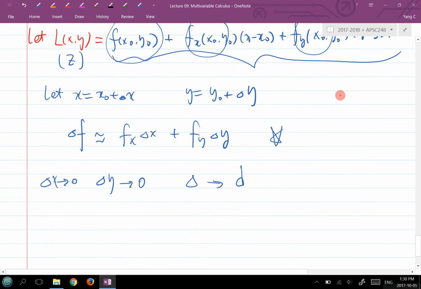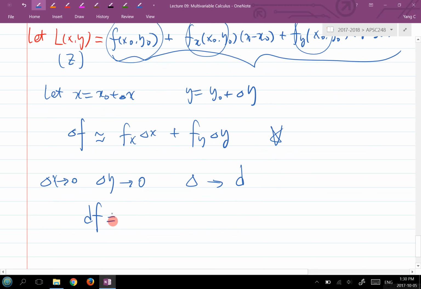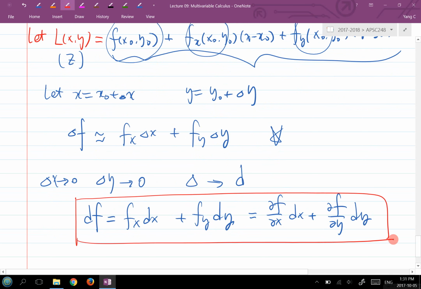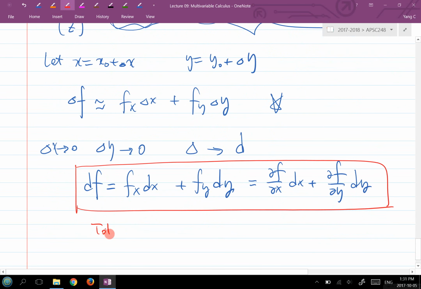So this expression will become df equal to fx dx plus fy dy, or partial f over partial x dx plus partial f over partial y dy. This is what we call the total differential.